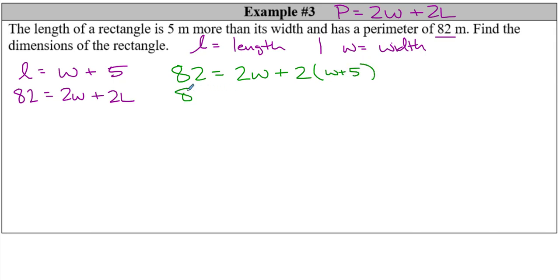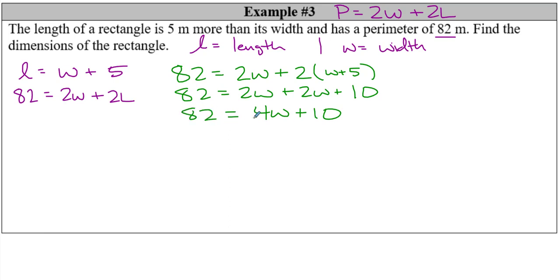All right, so let's go ahead and crack this out. 82 equals 2W plus 2 times W plus 5 times 2, which is 10. We then have 4W plus 10 is equal to 82. Subtract that 10, we get 72 equals 4W. And then we divide by 4 and we get W is equal to 18.